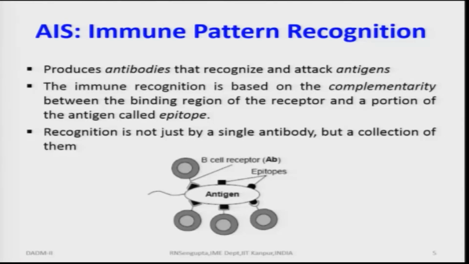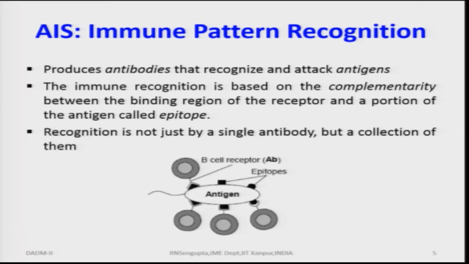So, let me read it. The immune pattern recognition process produces antibodies that recognize and attack the antigens. The immune recognition is based on the complementarity, how complementary they are, how the dovetailing can be done, between the binding region of the receptor and a portion of the antigen called the epitope.